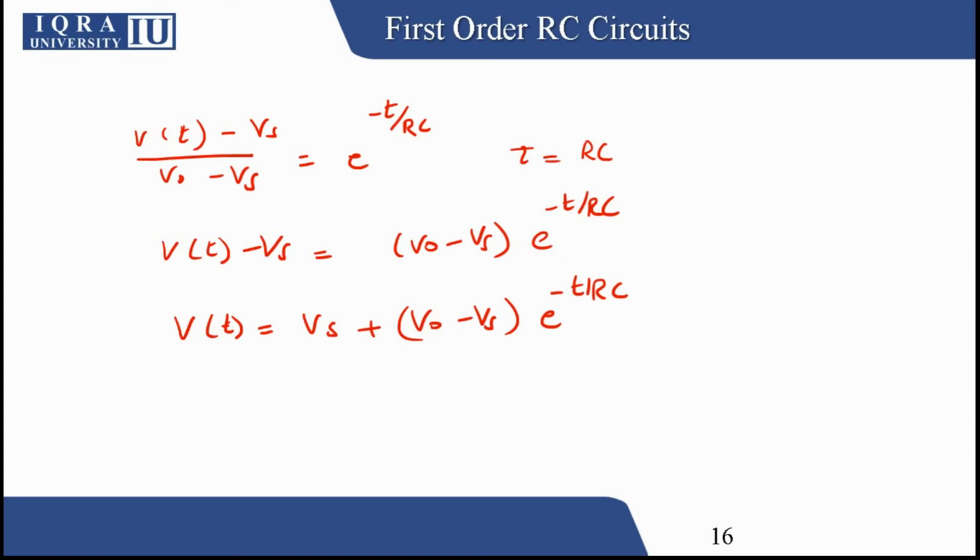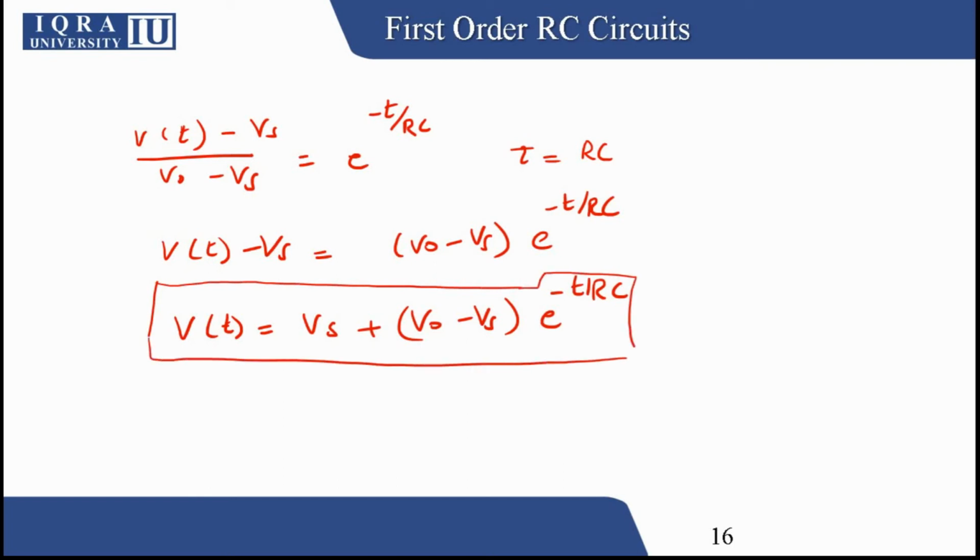When we have the charging mechanism, which you can say is the natural response from the capacitor, we will use the equation as we discussed last time, which is v of t equals v naught e to the power minus t over tau.